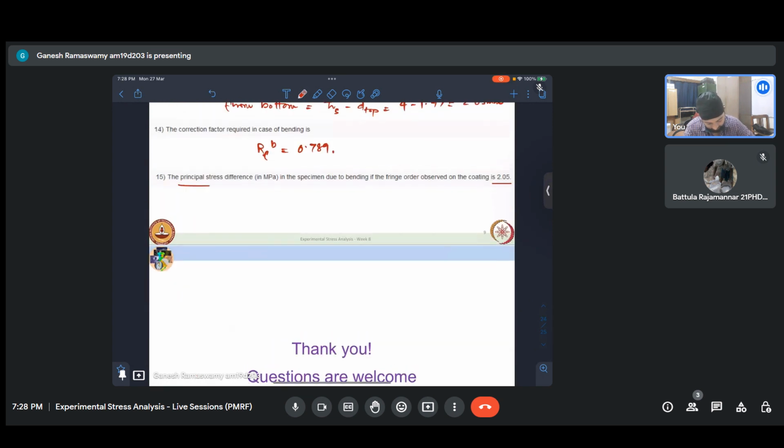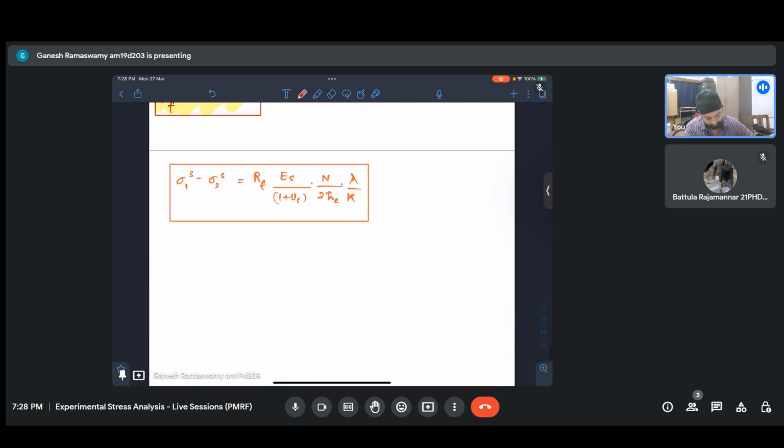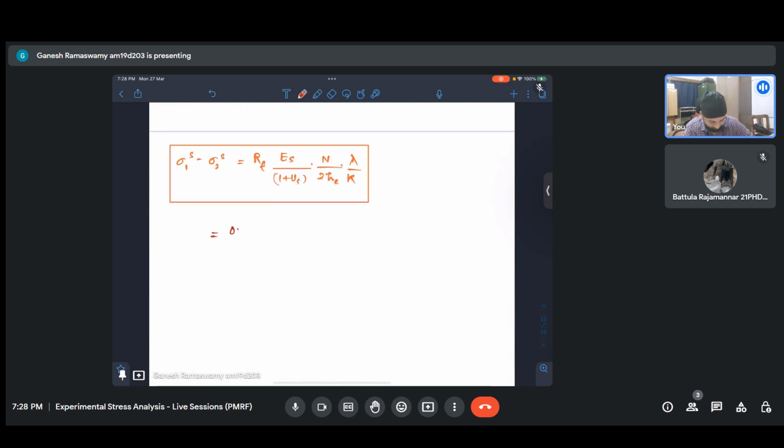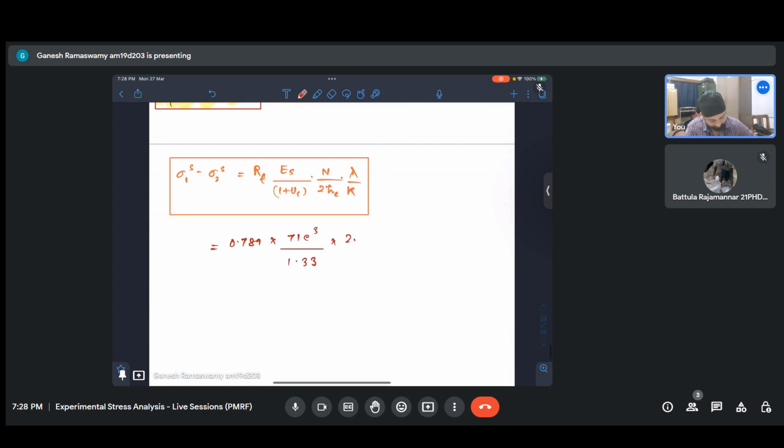The specimen due to bending is observed to have a fringe order of 2.05. So n is 2.05. So essentially this will be 0.789 into 71 E3 by 1.33 into 2.045 upon 2 into 1.5 into 577 by 0.12. So the principal stress difference in the specimen.